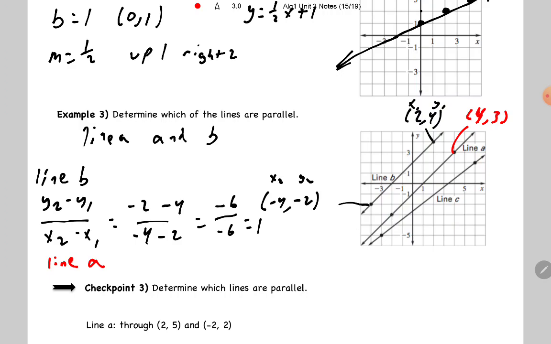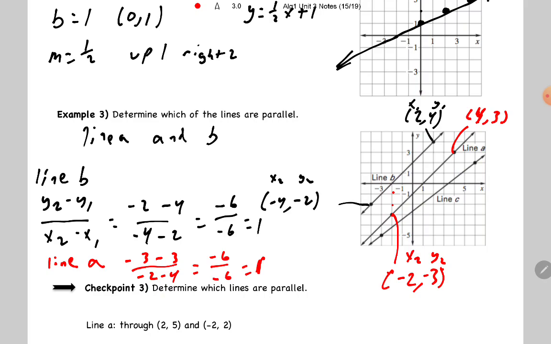And then here is negative 2, comma negative 3. Okay. So I'm going to make this my x2, y2. So negative 3 minus 3 over negative 2 minus 4, which is again negative 6 over negative 6, which is positive 1. So line A and line B are parallel.